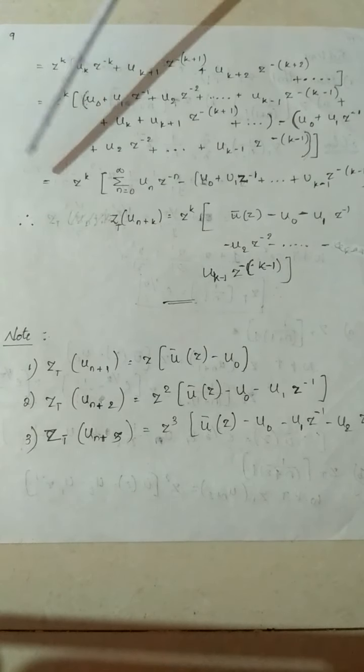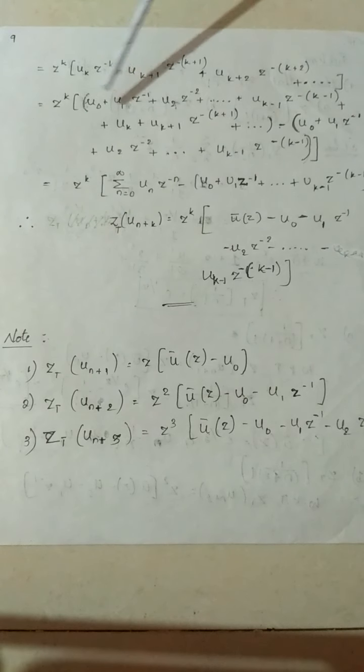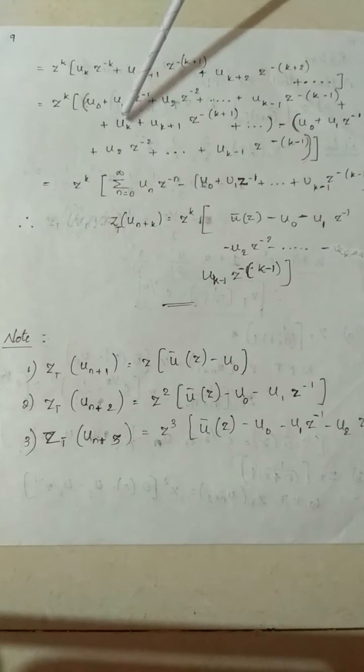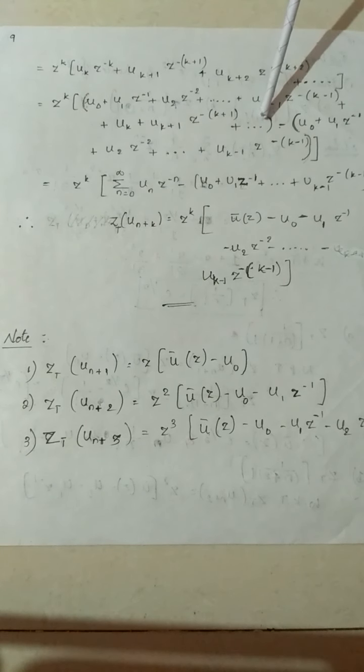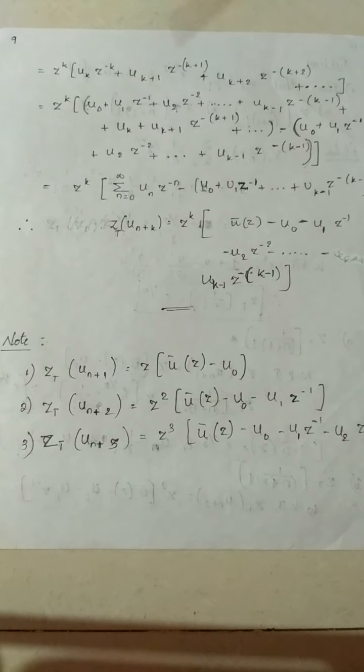So now this is equal to z raised to k as it is. This full series is nothing but u naught, u1, u2 and so on up to u k minus 1, plus u k, plus u of k plus 1 and so on till here. It is nothing but summation u n z raised to minus n. And this series we are writing as it is, minus of u naught plus u1 z raised to minus 1 plus u2 z raised to minus 2.